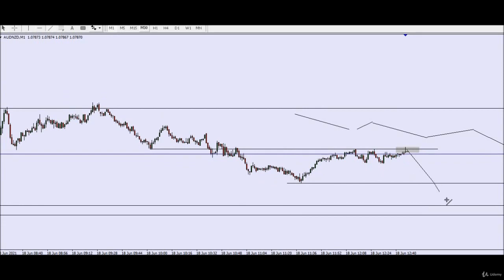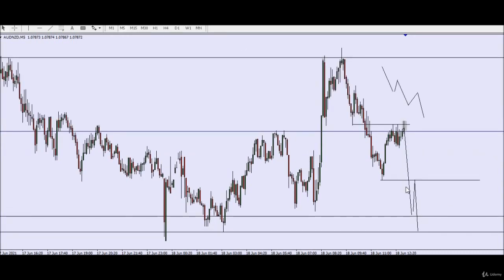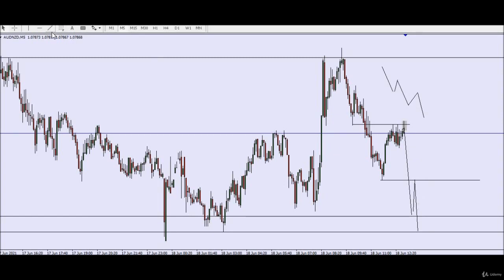Then it can go lower, retest and continue at least to this important level. So as you can see, this is what we can await, and then it can react, and we will see how much it will react.